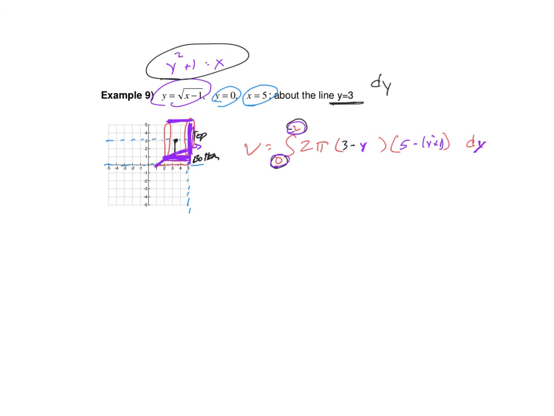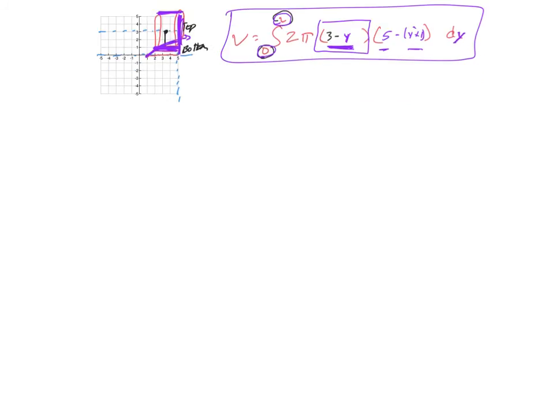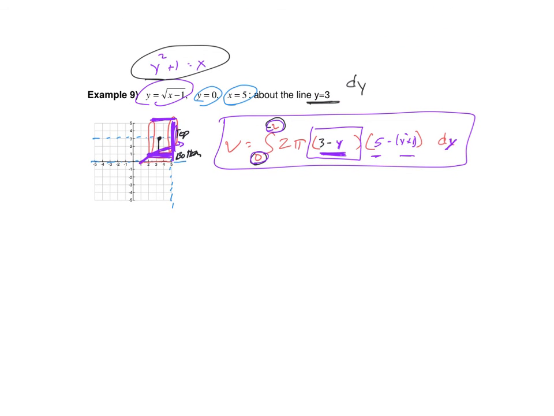If we were revolving around the x-axis, it would be just a y as my radius. We moved it to revolve around 3, so a 3 has to be adjusting our original radius of y. Our height starts at 5 and stops at our function, which is y squared plus 1. All right, I think I like this one. And that's it for this one. G is done.